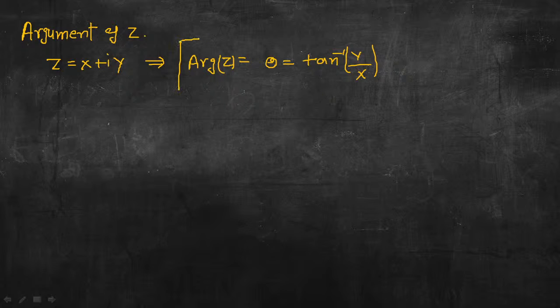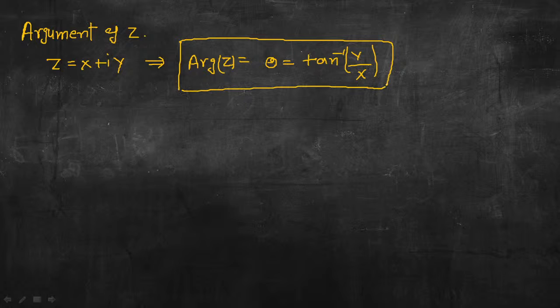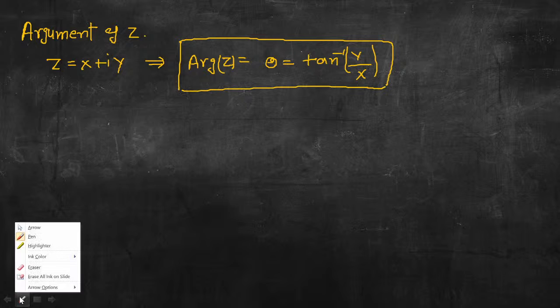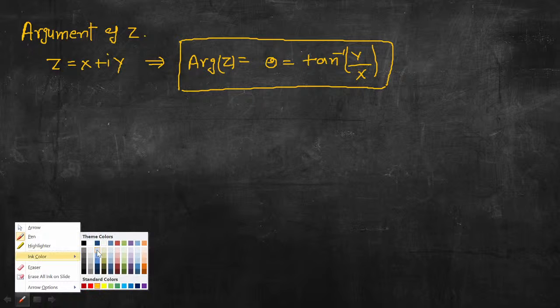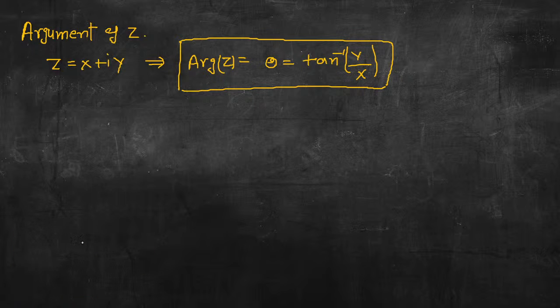So the argument of z can be written like this. For example, if you have z is equal to 2 plus iota 3, you can compare this number with x plus iota y.